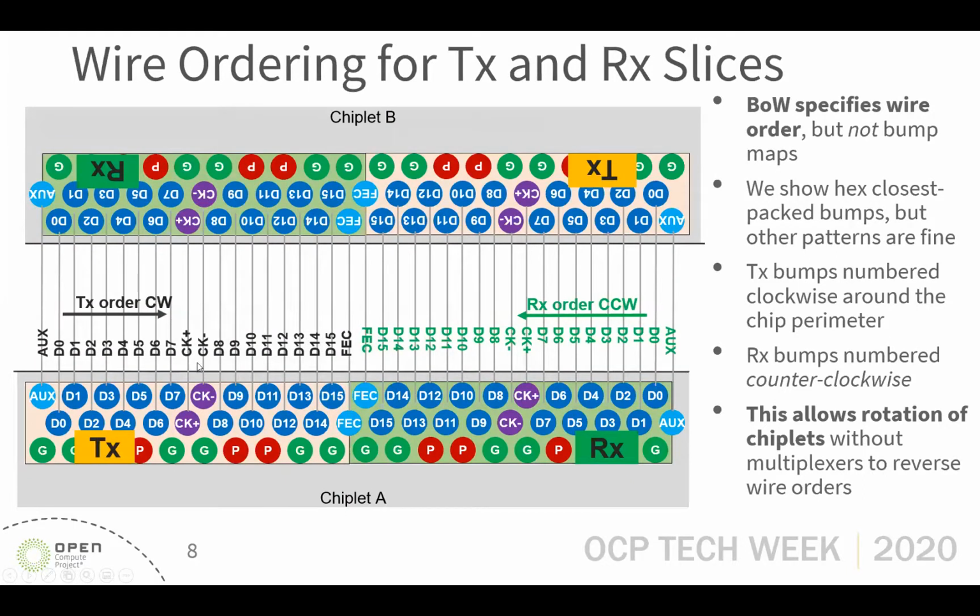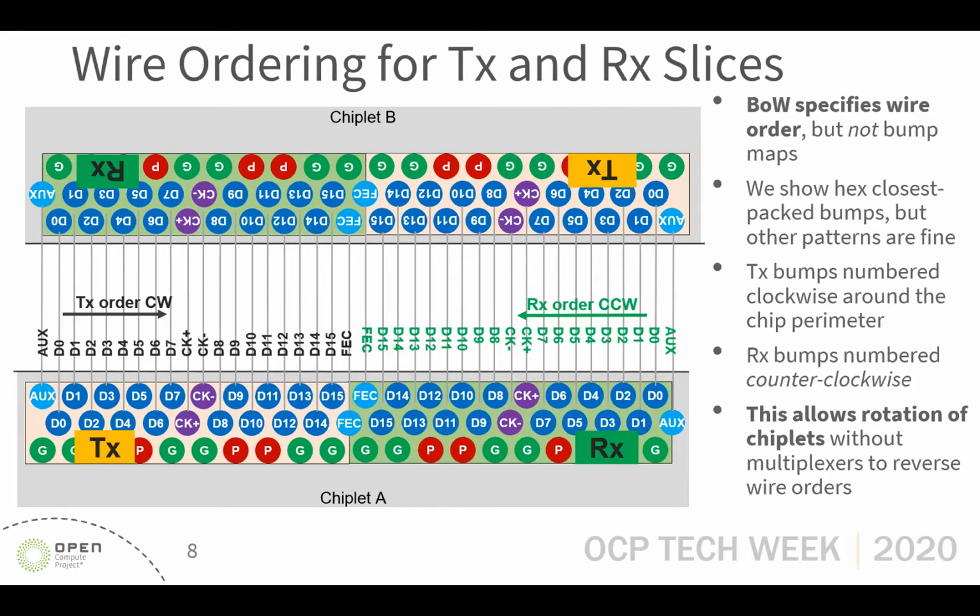And when we talk about wire ordering, what shows up in a lot of arrangements for chip-to-chip connections is that there's a northwest orientation and a southeast orientation, and ordering of the interconnects.